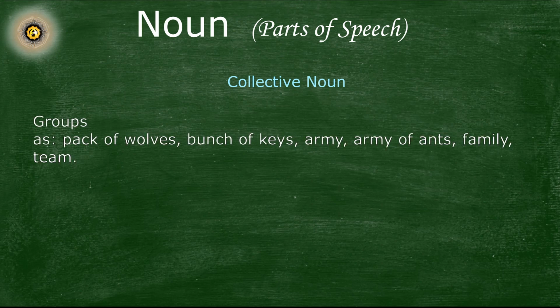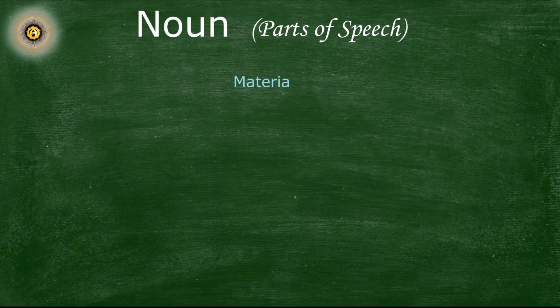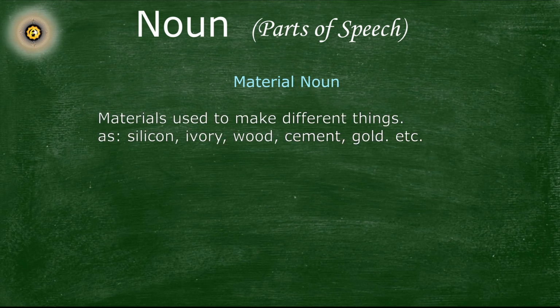And then there is collective noun. Collective noun means groups. For example, pack of wolves, bunch of keys, army of ants, family or team, and so on. Then there is material noun. Materials used to make different things.